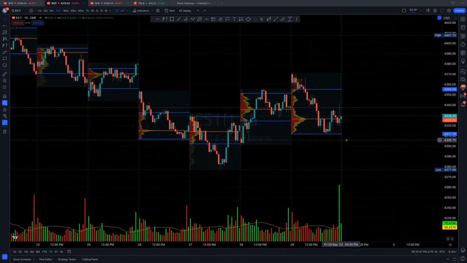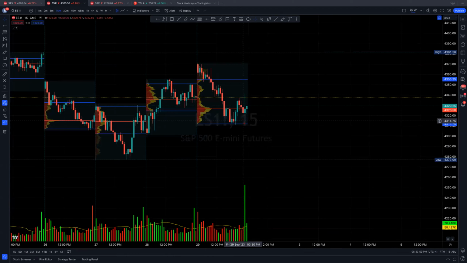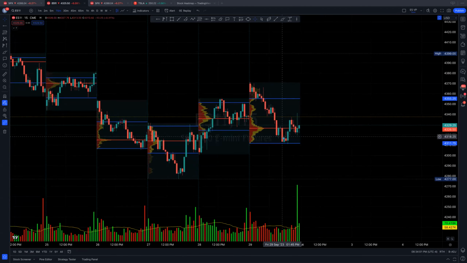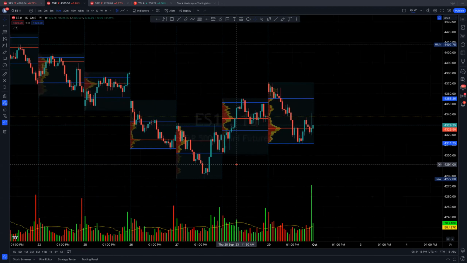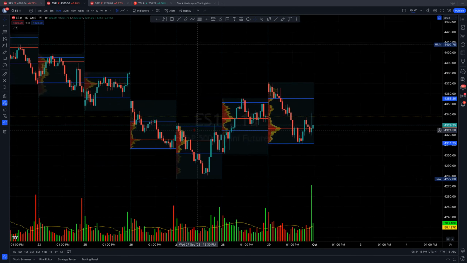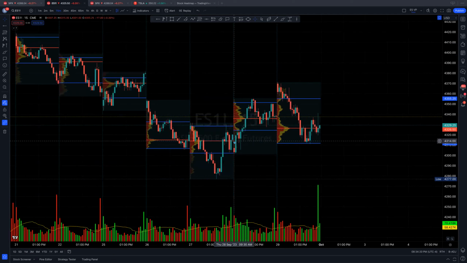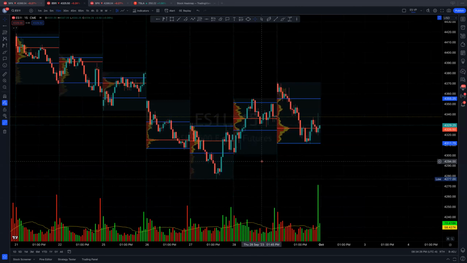Whenever I'm using the volume profiles, I like to compare this volume profile to this volume profile to this volume profile to this. Why do I like to compare older volume profiles to the current one? It's pretty simple, really. These volume profiles are already telling us where value is being held.